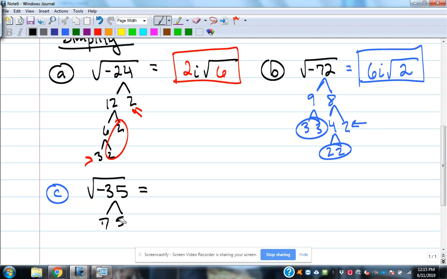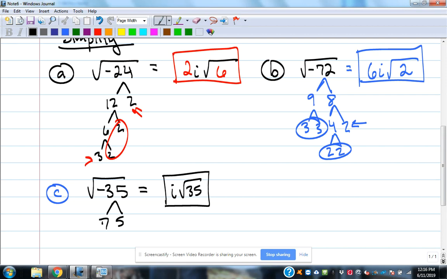So nothing's going to come out except for an i because it's a negative 35. So it's going to be i square root of 35, just like that. Okay. Be careful of that. That's pretty easy.